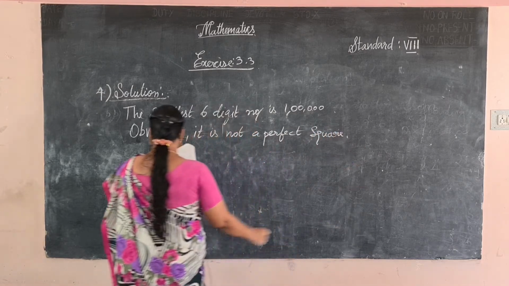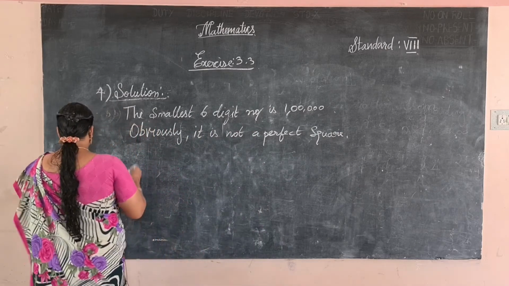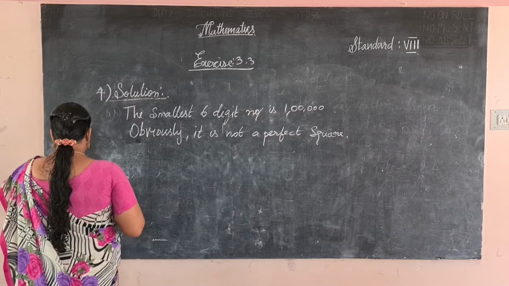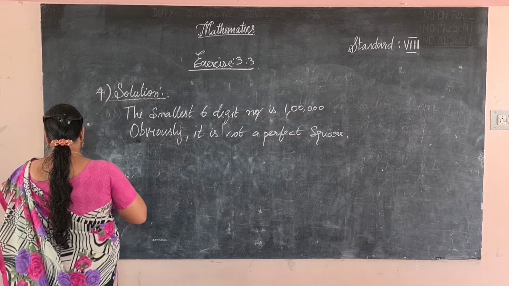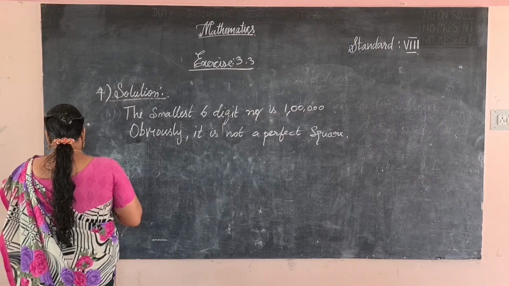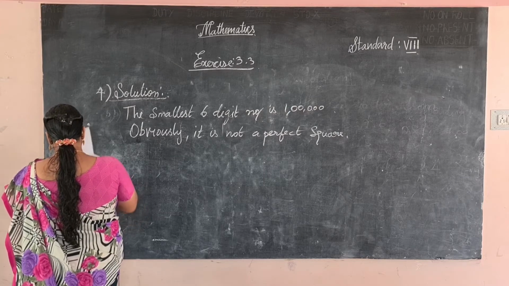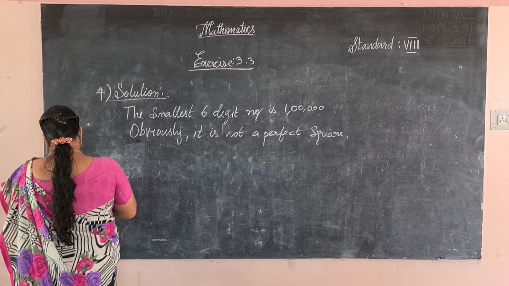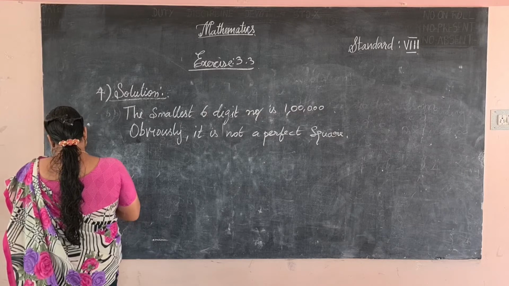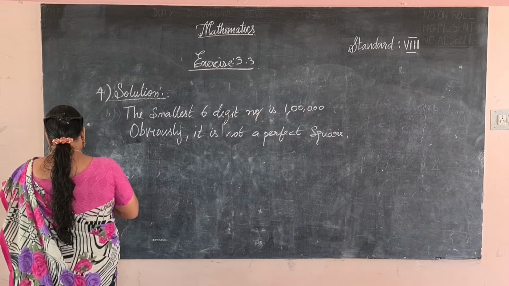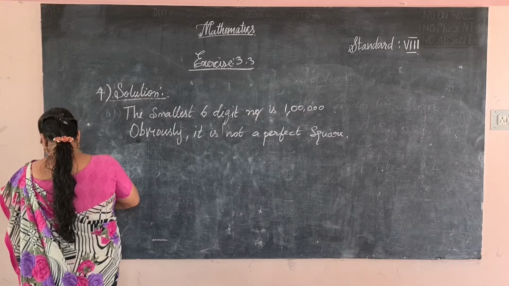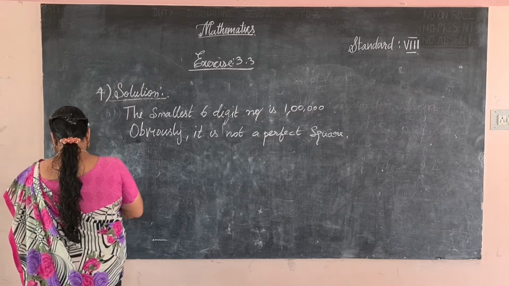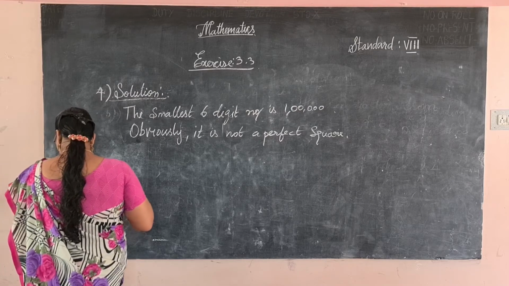So for finding the smallest 6 digit perfect square, we will have to find which number we have to multiply, subtract or divide to get the perfect square. Here it is given the least number to be added.